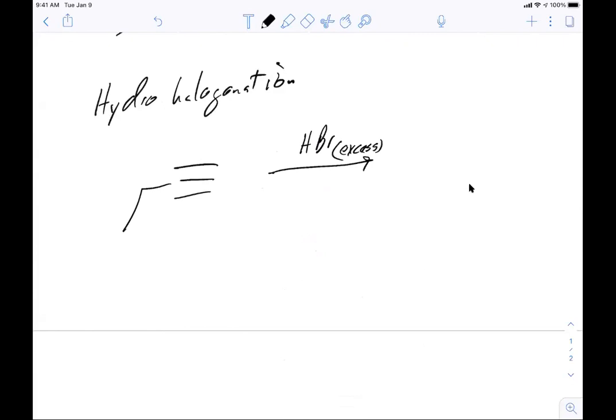We react an alkyne with HBr or HCl, one of our halogenic acids. What we'll end up with is addition of the HBr across that double bond, and we will follow Markovnikov style products.